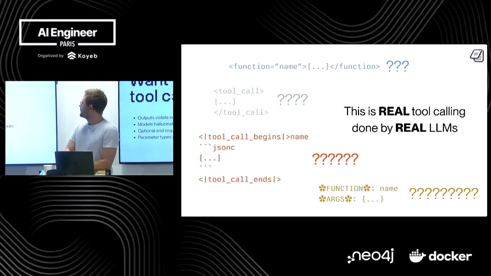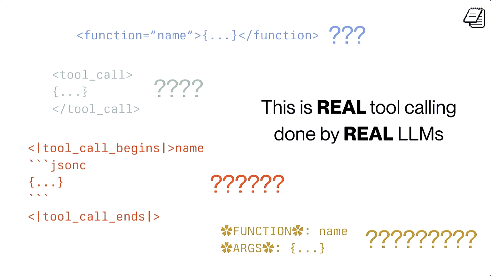And there's another difficulty with function calling with open source models, which is that level of insanity where somehow every model provider has decided that they needed to have their own function calling template. Don't ask me why, but these are real templates from real LLMs. I think this is Llama, this is Hermes, this is DeepSeek.